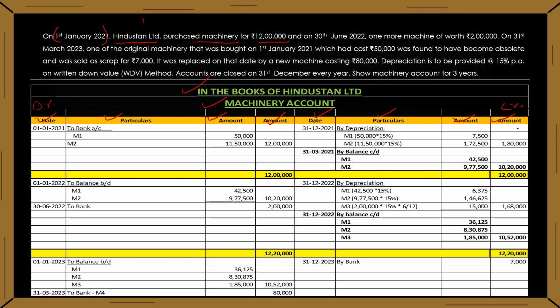What did we do? We divided this machinery into two, no? M1 50,000 that was sold in between and M2 11,50,000.